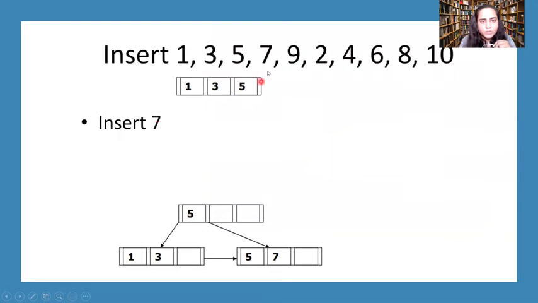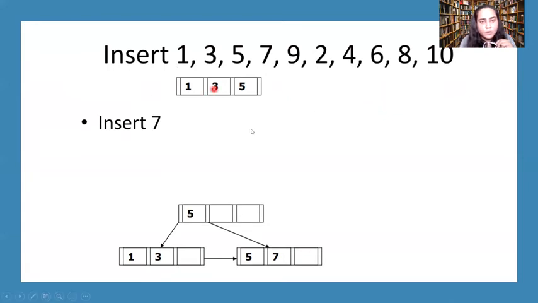To insert 7, there's a problem, because when you try to insert 7 here, it makes this node overloaded. So you have to shift something. Now you have a choice. In the previous example of a B tree, we used order 5, which is an odd number, so it's very easy to pick a node.